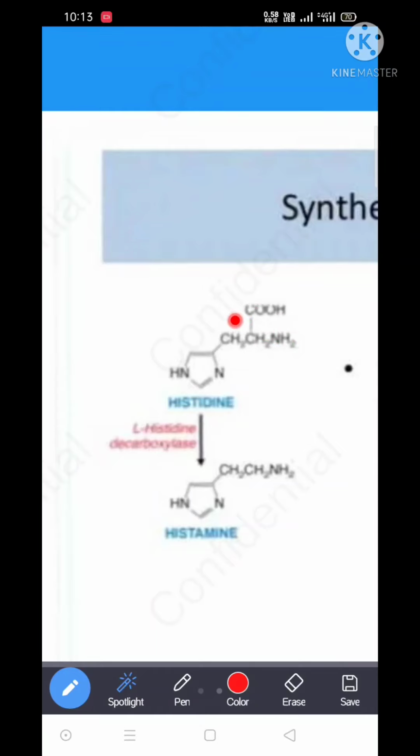CO2 is removed as a byproduct because it is a decarboxylase, an enzyme to remove carbon dioxide. So this is all about this.